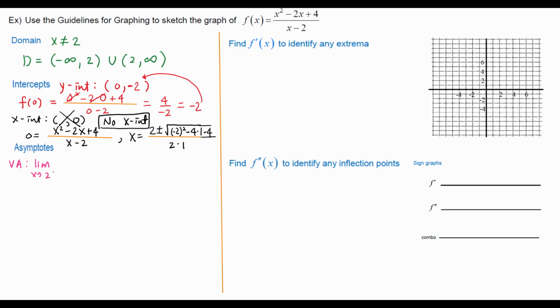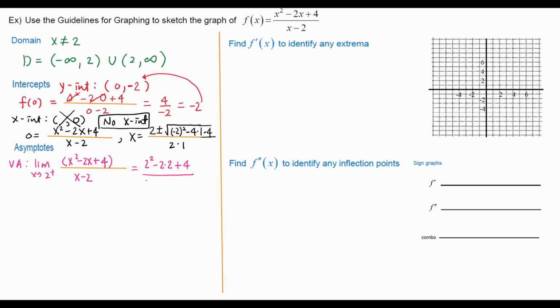You can do either from the right or from the left. So I'm going to do from the right. Quantity x squared minus 2x plus 4 over quantity x minus 2. And that will go to 2 squared minus 2 times 2 plus 4 over 2 from the right.